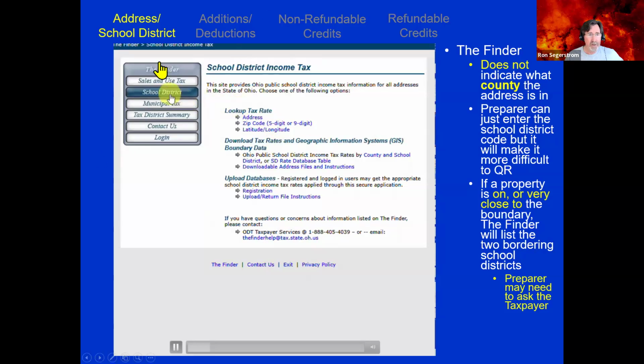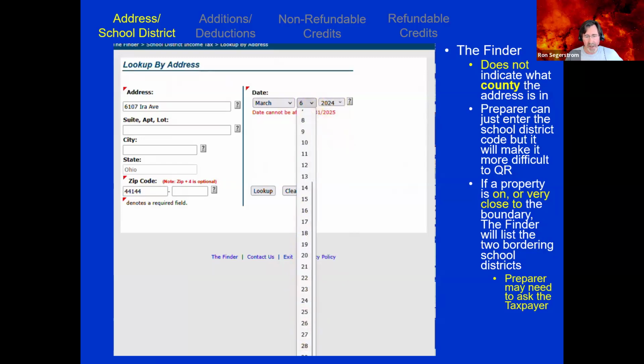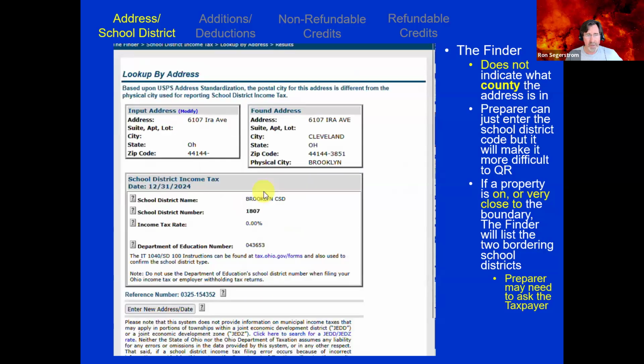To do that, you select school district. This little area up here lets you toggle back and forth. You select address and type in your address, 6107 IRA Avenue, and the zip code. This section up here, in case school districts change from year to year, lets you specify, as of December 31st of the tax year we're working on, what it was.